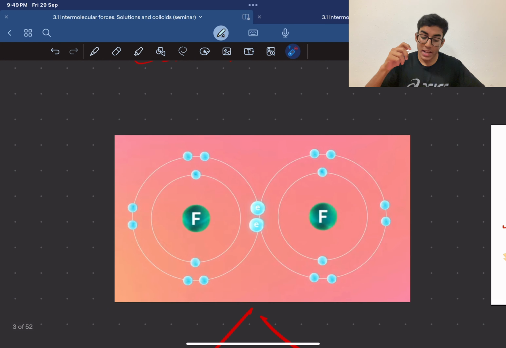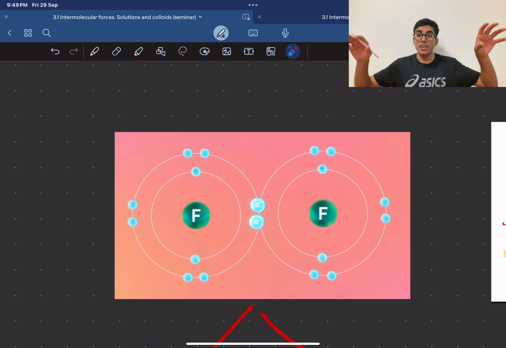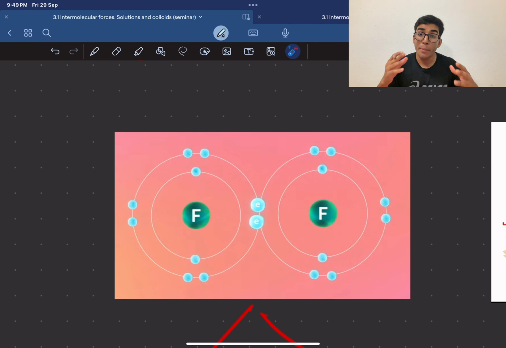But in covalent bonds, the fact that they become positive and negative is just a side effect. That's not the main reason that they're attracting each other. The main reason that they are bonded together is because of the fact that they are sharing electrons.